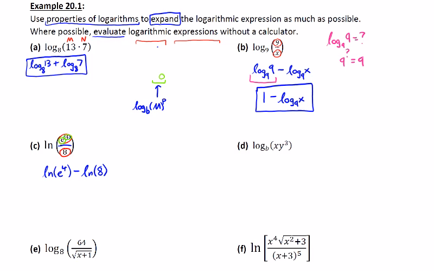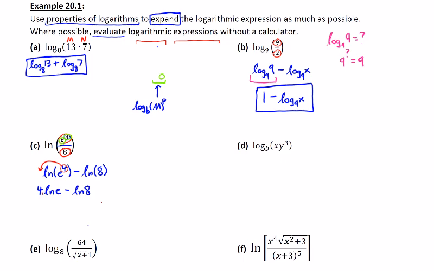So then I look at 4 and notice that 4 is the power for the entire argument now, since e is the only other thing that's there. So I can apply the power rule now just to this one part of the expansion, and this is now going to say 4 times the natural log of e minus the natural log of 8.